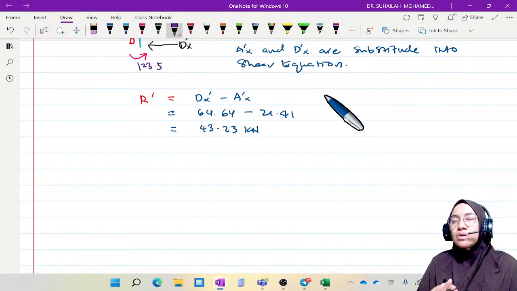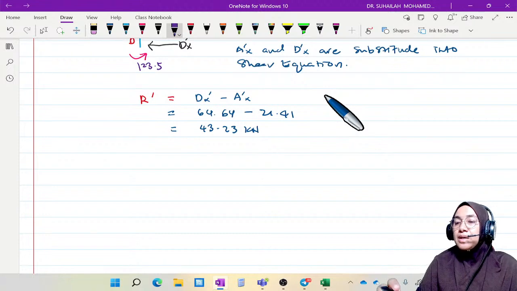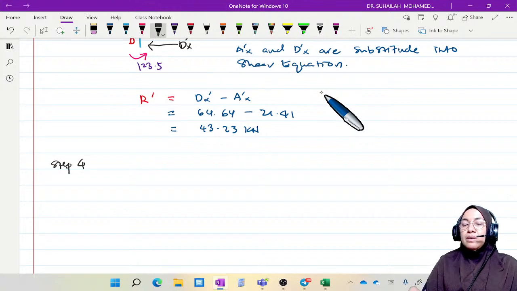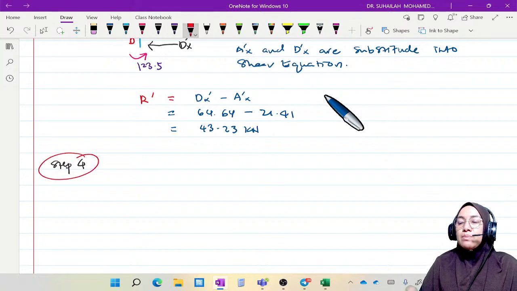Procedure number 4, step number 4. This is actually the equation only. So this is step number 4.